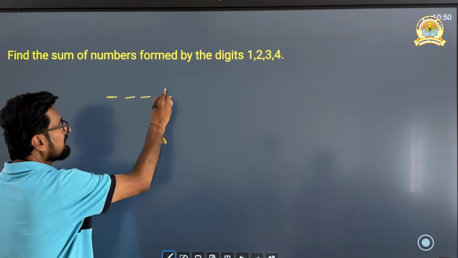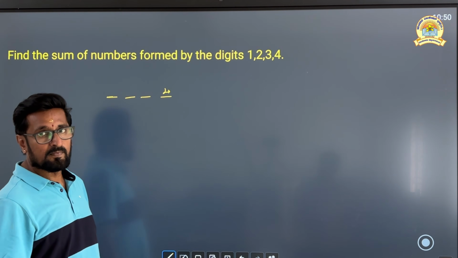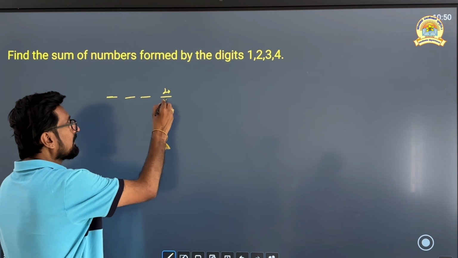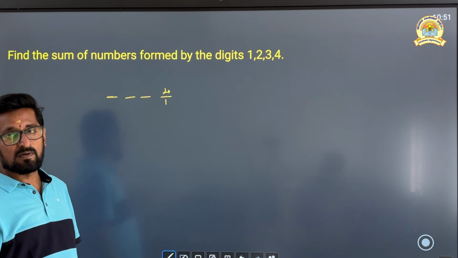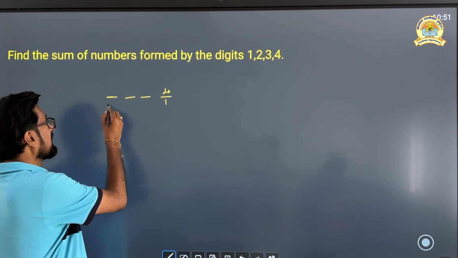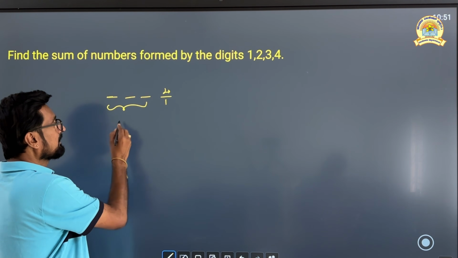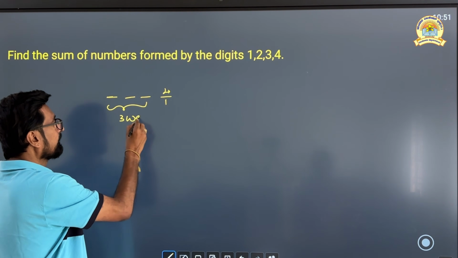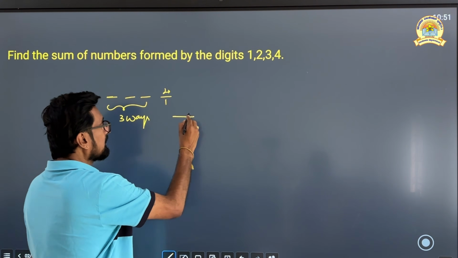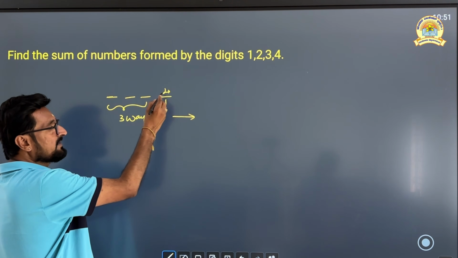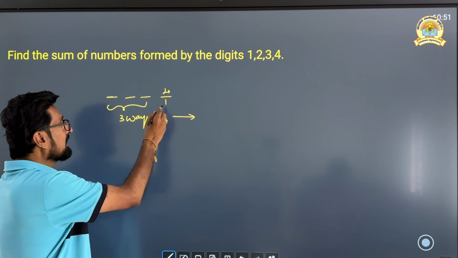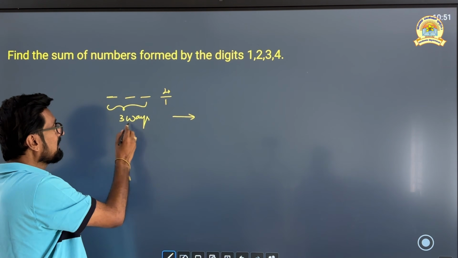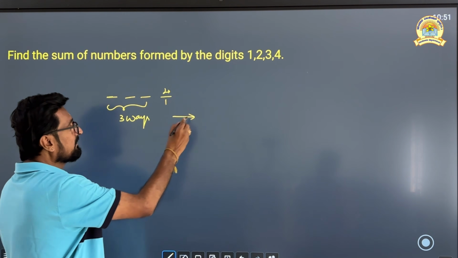Suppose 4 is in the units place. You can arrange 4 in only one way, and the remaining 3 places can be filled in 3 factorial ways.